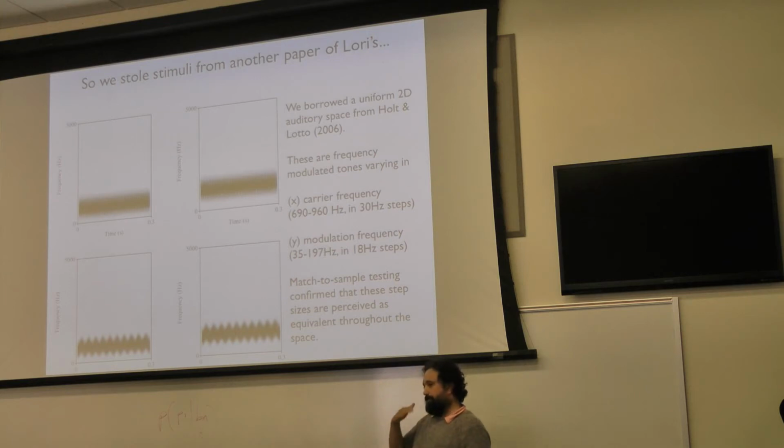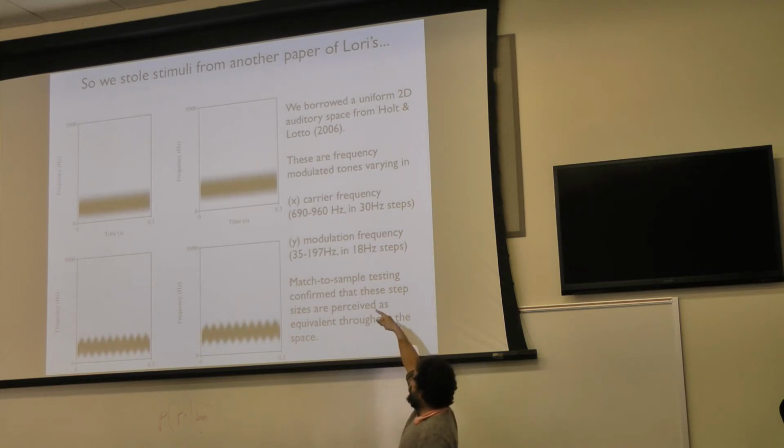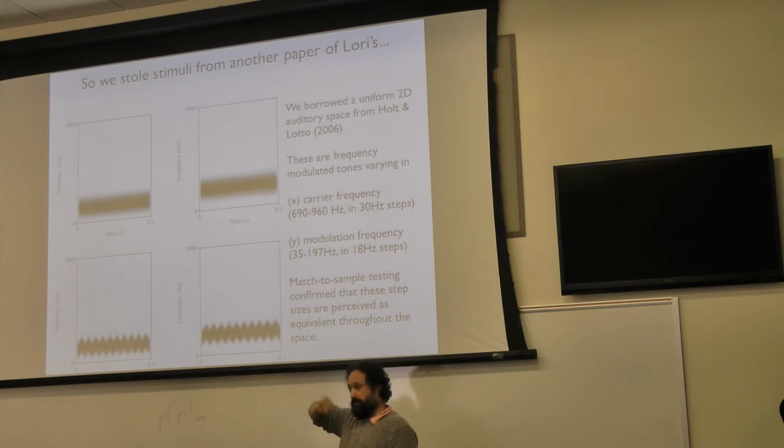Critically, the modulation frequency and carrier frequency sort of merge to form a pitch percept. So you don't really hear these dimensions as totally independent. But even more critically, first of all, Laurie and Andrew had done some norming. These numbers were not just picked out of thin air. They're basically just noticeable differences on each dimension, or they're equally spaced on each dimension.